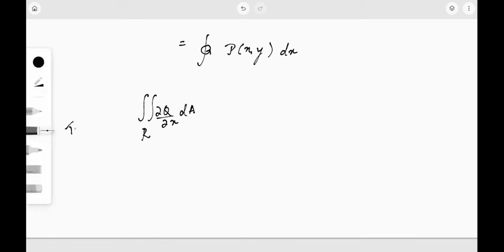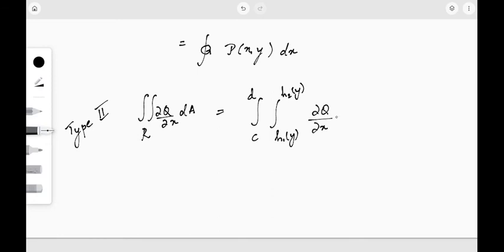Okay, in this case we will consider the region of type 2. So here y will be having the constant limits, so integral varying from c to d and integral varying from h1 of y to h2 of y into dou q by dou x dx dy.